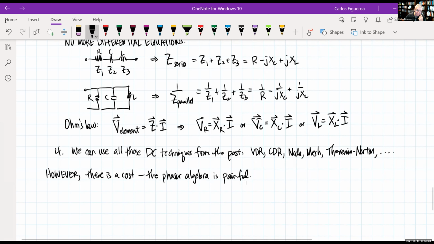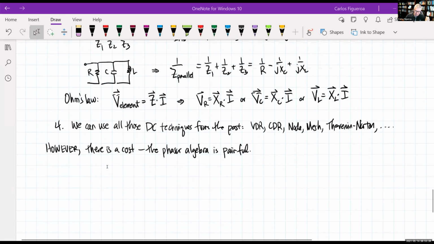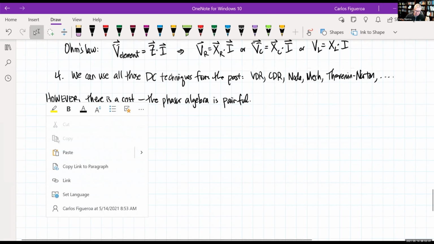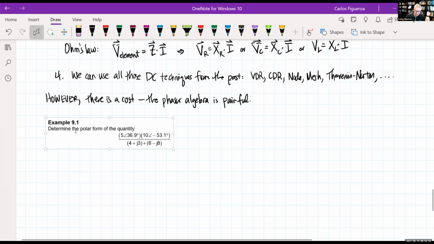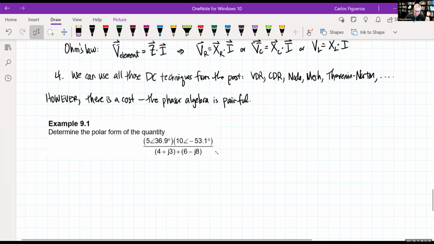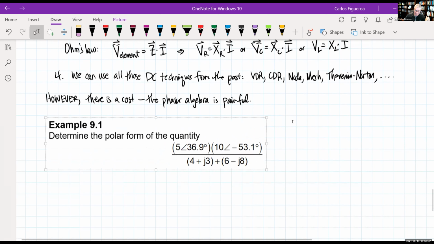As an example, let's just look at a simple example, and it goes something like this. So let's look at phasor algebra. This could look like something that you got as an equivalent resistance from something.